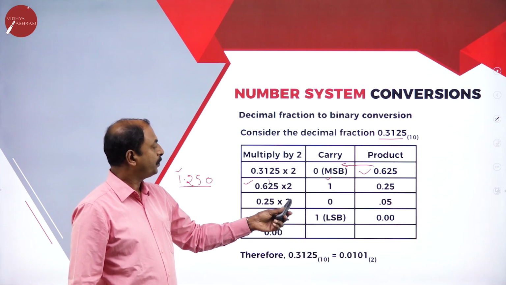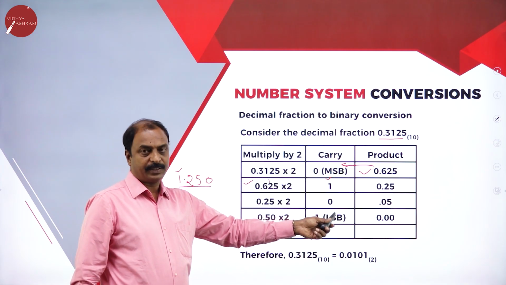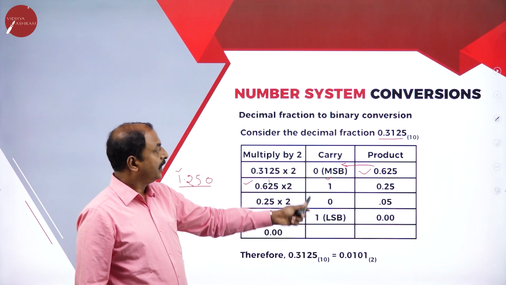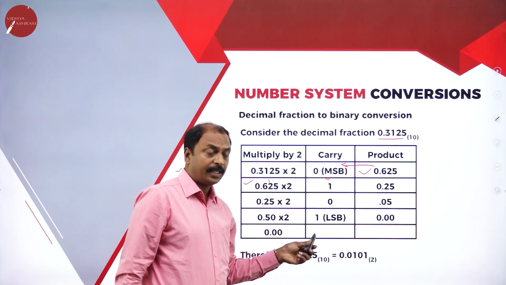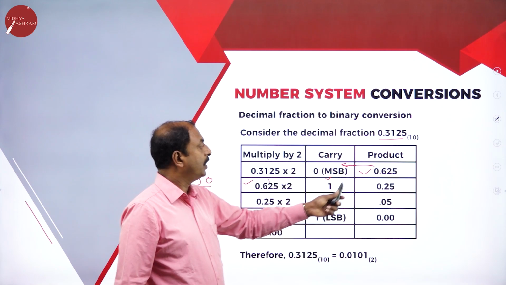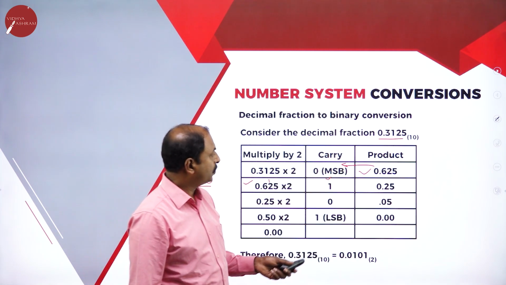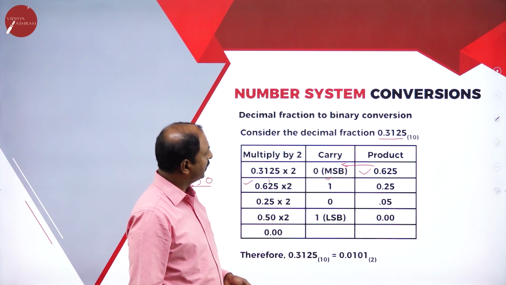Again, 0.50 into 2, you will get 1.0. So this 1 we store as a carry here. These are the digits we get after multiplication, that is, before the decimal point. So in this example, 0, 1, 0, 1 are the carries.